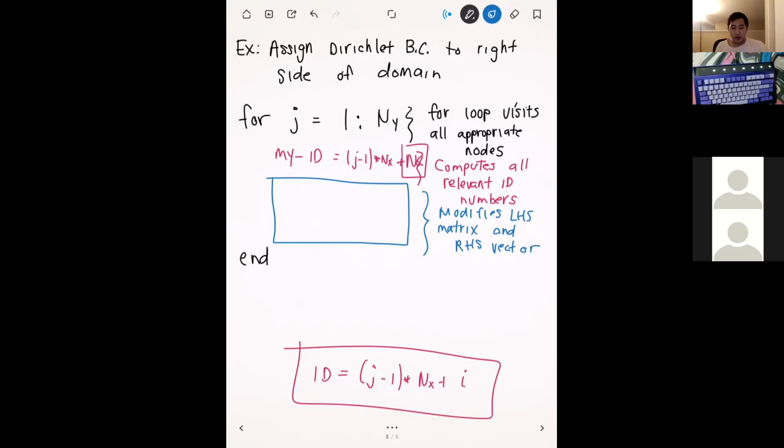In this case, since we're just doing a Dirichlet boundary condition, it's going to look like this. And if you remember from our 1D code, when we apply Dirichlet boundary condition, we set the diagonal entry equal to 1.